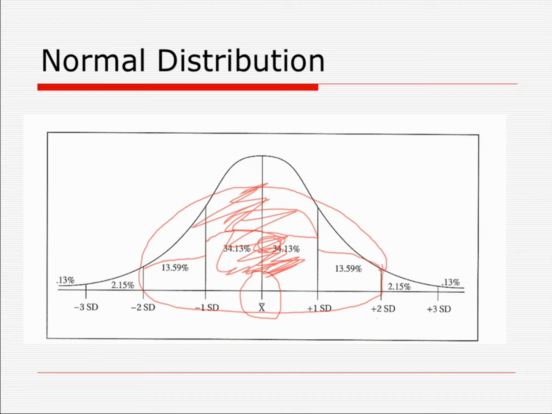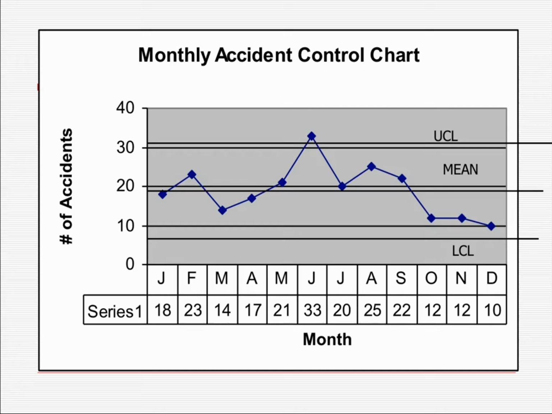So now that you understand what that means and what it looks like graphically, let's look at a control chart, which is something you're going to be asked to do, and then we're going to try to relate this normal distribution curve to a control chart, which takes me to this slide. You saw this back in week 4.